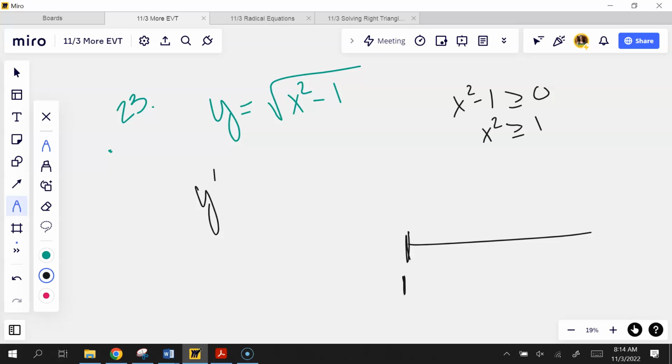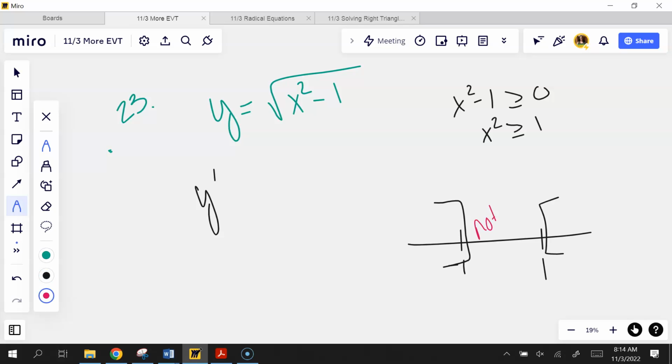But couldn't it be at negative? So I need to go, you're right. I need to go here. So my domain is like this.